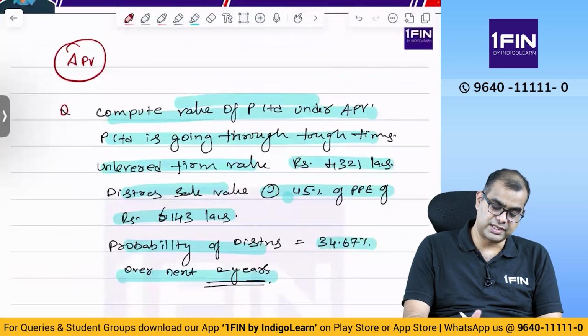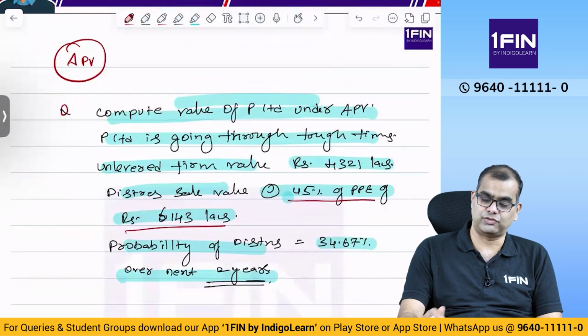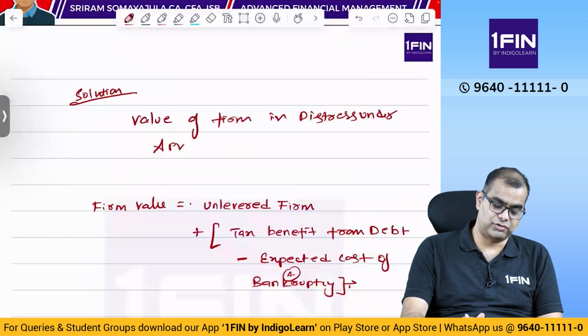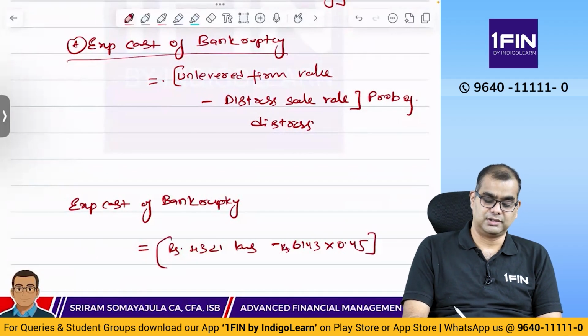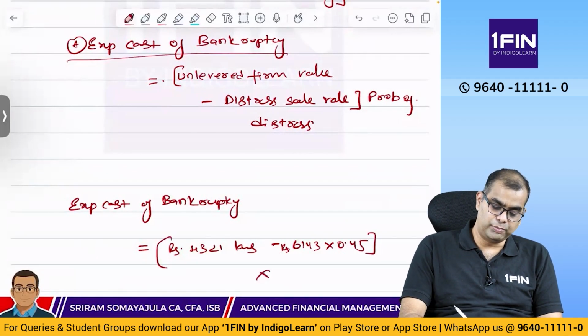What is the value of distress sale? If you sell on distress, 45% of PPV of 6143. So, 45% of 6143. This is what you will likely get. Okay. Whole thing into probability of distress.